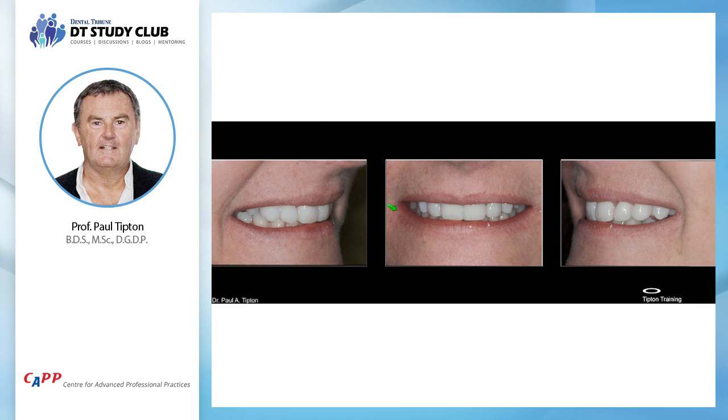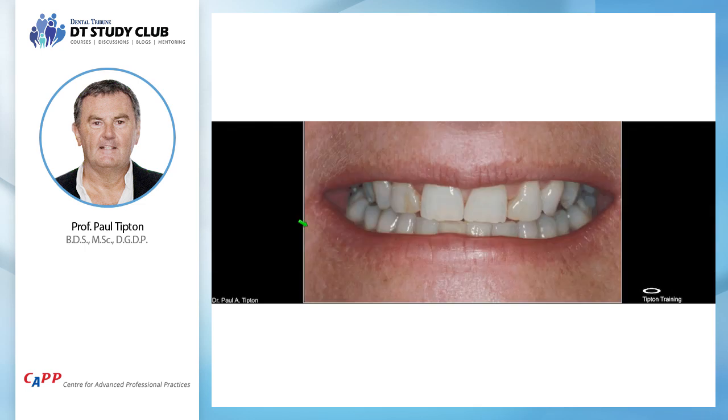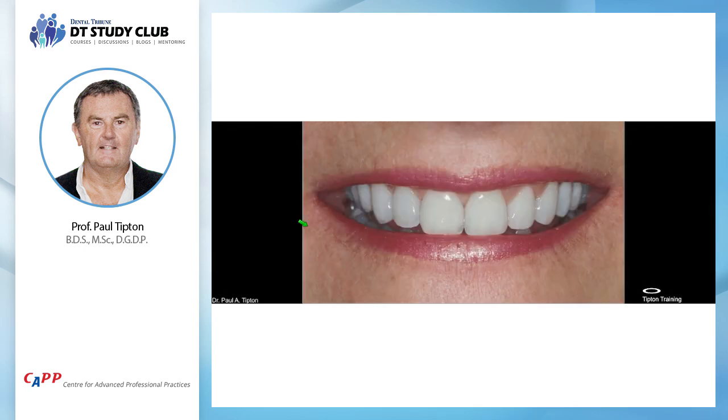And by doing that, the lip everts, the lip becomes shorter, it becomes fuller. We've improved the overall length of these teeth. We have a nice smile line, incisal edges parallel to the eyes, and there's our final end result.